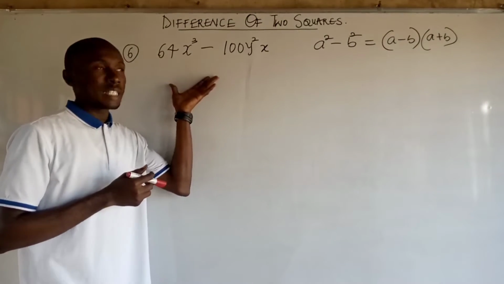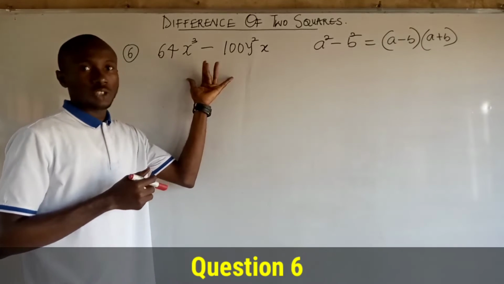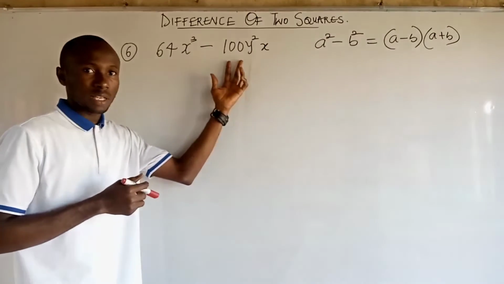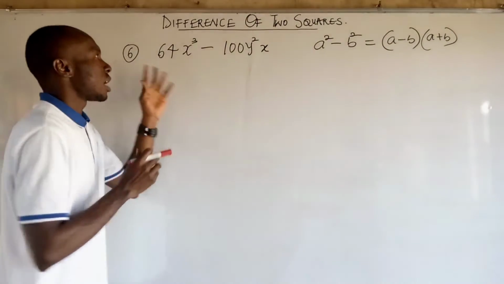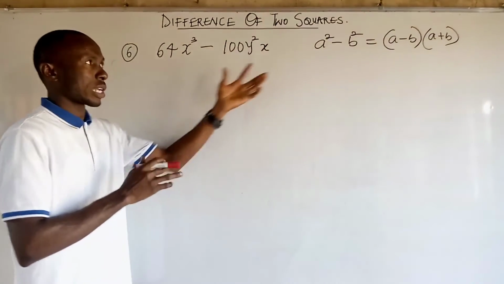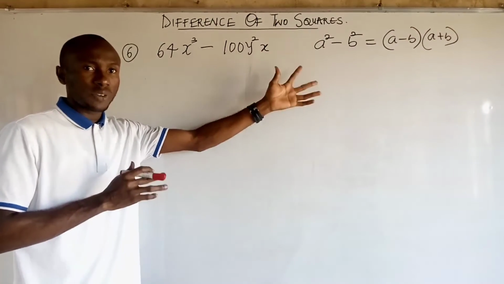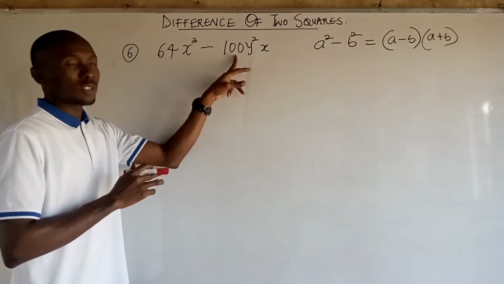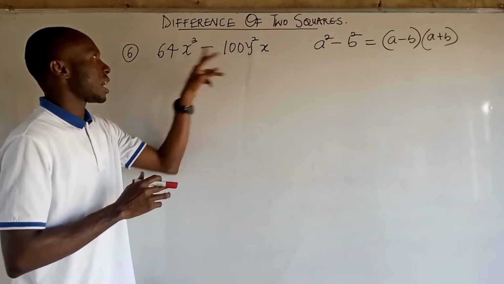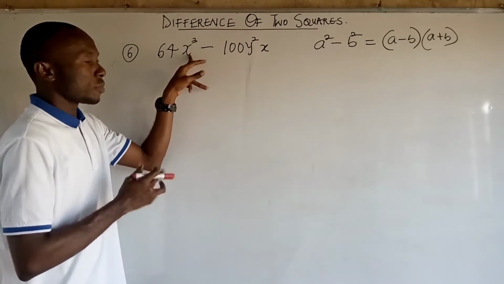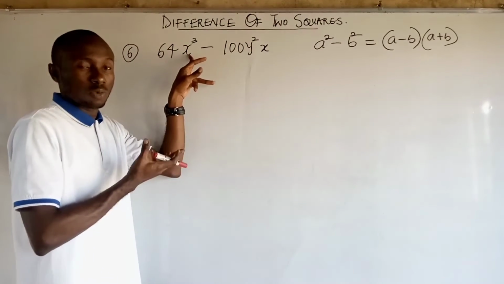This is question number 6, and this algebraic expression depends on two variables, which are x and y. No problem with this. Now the very first thing we want to do is to make sure they are all in squares before we can apply the idea of difference of two squares. So I can write 64 in square and I can write 100 in square, but for these two, I need to factor out x so that they can be in square, because we need to be creative in our solutions here.